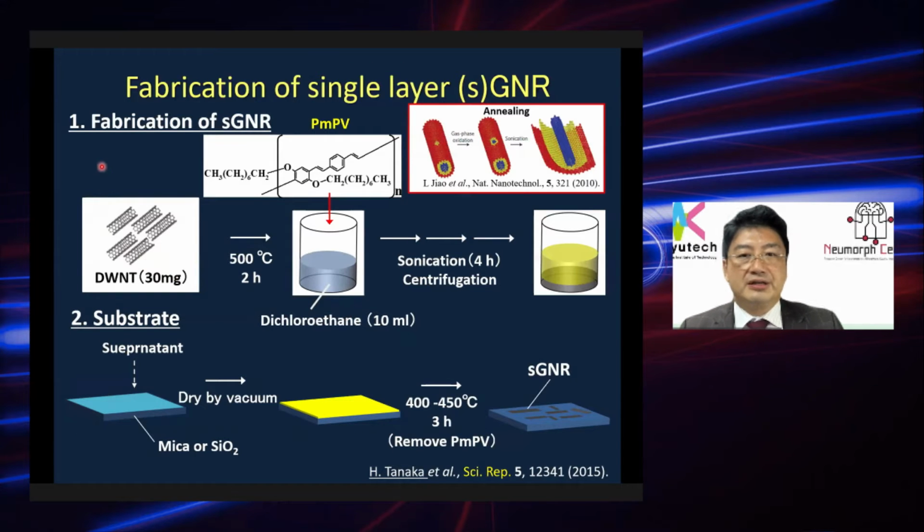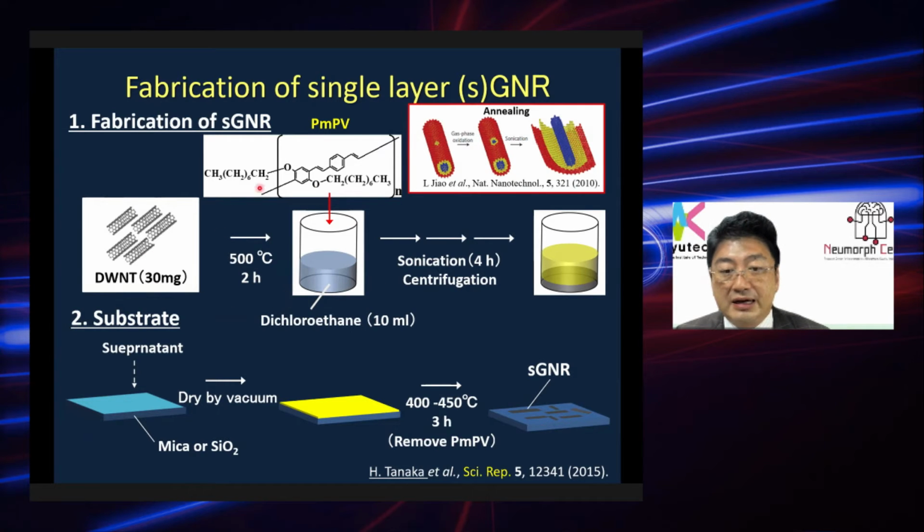So this is how to fabricate single layer graphene nanoribbon. We start from double wall carbon nanotube, and we use dichloroethane as a solvent and PMPV as the unzipping material.